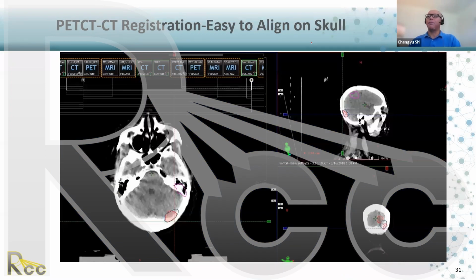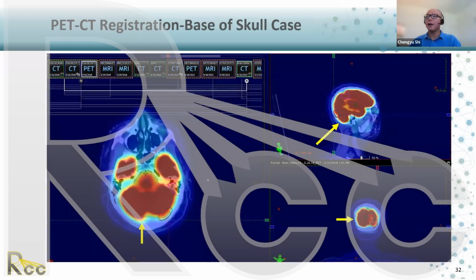And for the brain, if you can align the skull well, that's good. You see, the tumor is here and there. We can check those skull alignments so that you feel comfortable. And the base of the skull, those are good features to check.